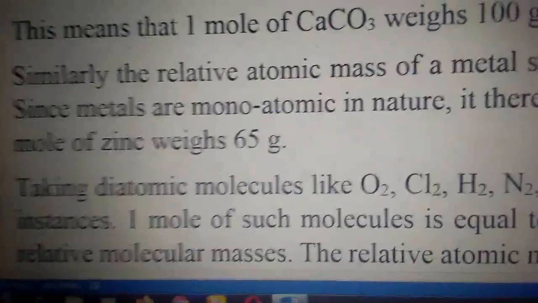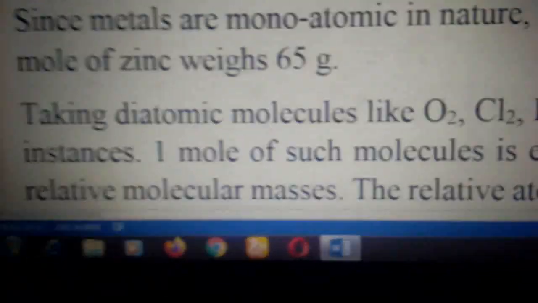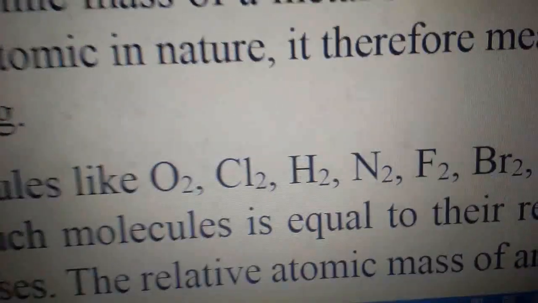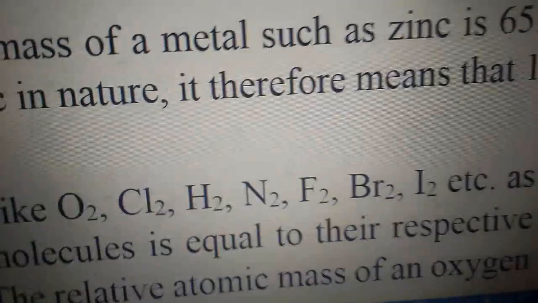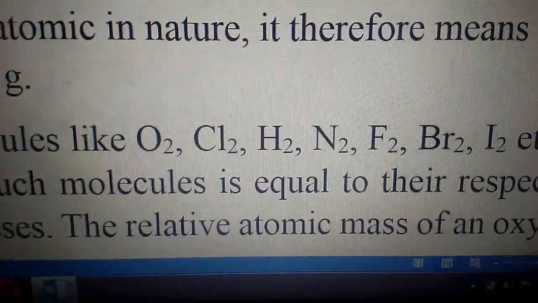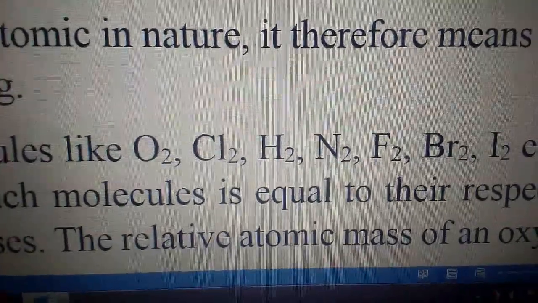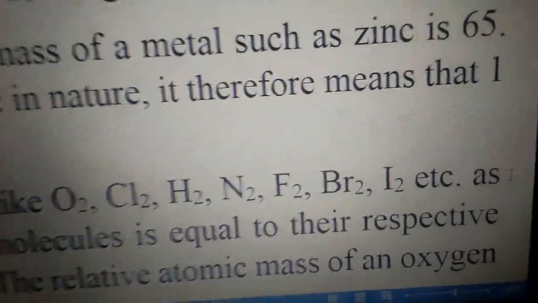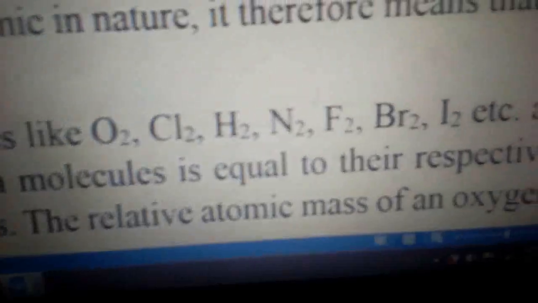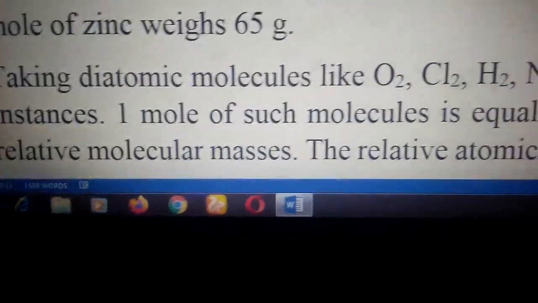Then going to elements that exist as diatomic molecules. Taking diatomic molecules like oxygen, chlorine, hydrogen, nitrogen, bromine, iodine, these elements are diatomic. You can see 2 on them: chlorine, oxygen, hydrogen, nitrogen, fluorine, bromine, and so on, as instances. 1 mole of such molecules is equal to their respective relative molecular masses.